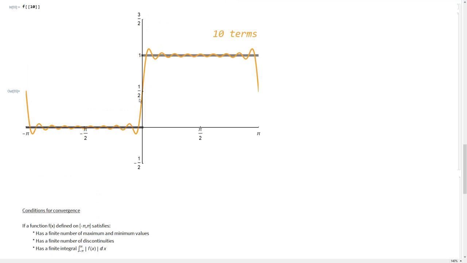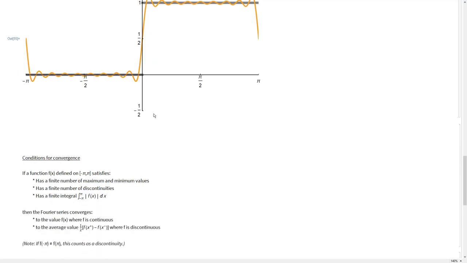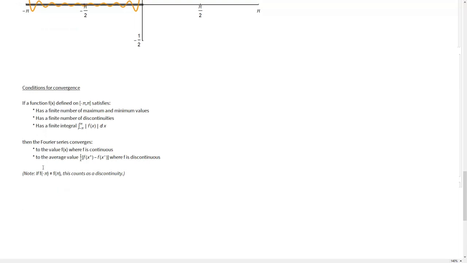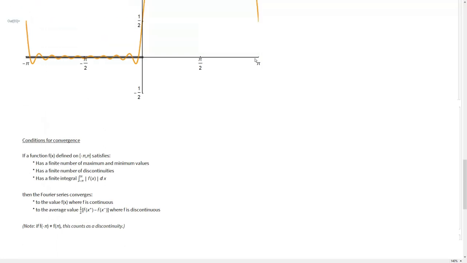In fact, for this series, it's equal to 1/2 for every partial sum. And as I mentioned earlier, if the function is not equal to itself on the left and on the right edges, that counts as a jump for the purposes of this theorem, and the Fourier series will converge to the average value of that jump. And that is all I want you to know about Fourier series.